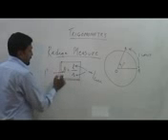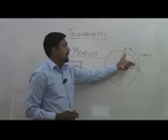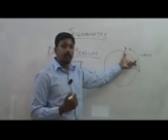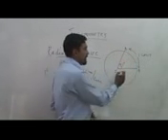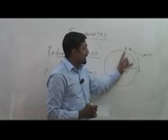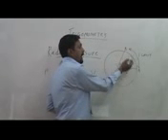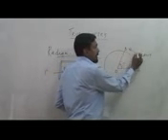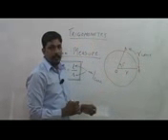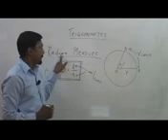Now, in a general way, we can say that in a circle of radius r, if the angle subtended at the center by an arc of length r is 1 radian only.